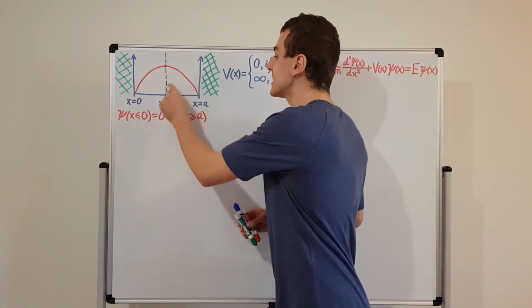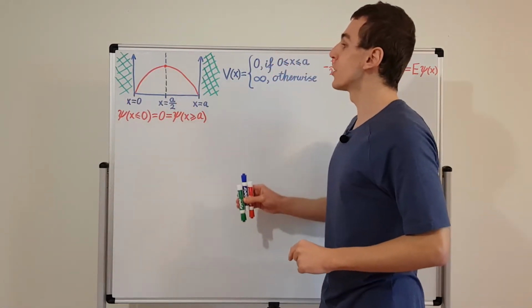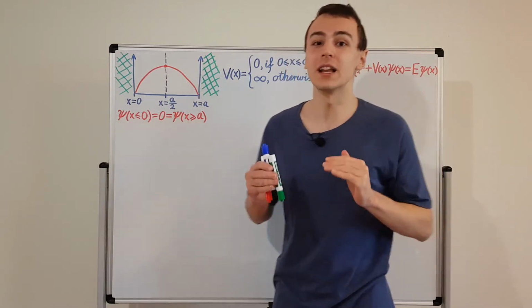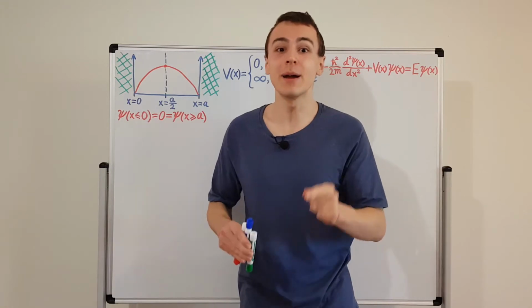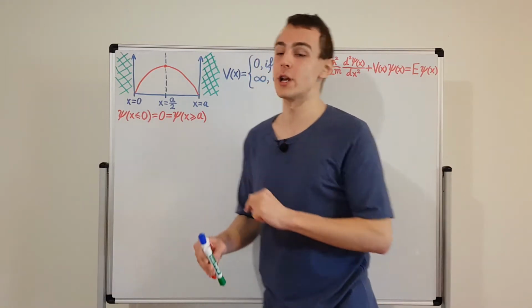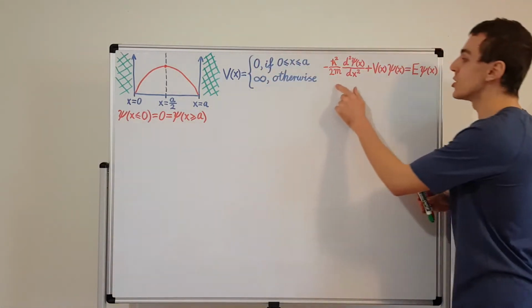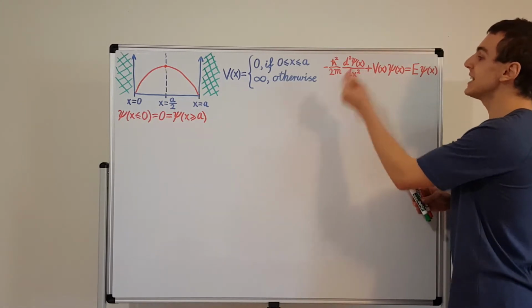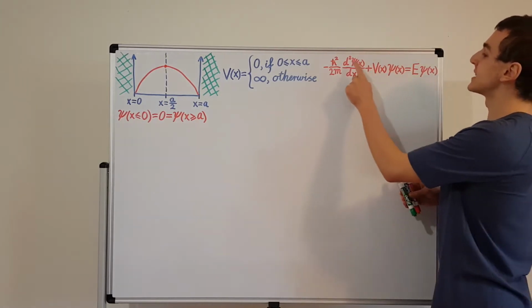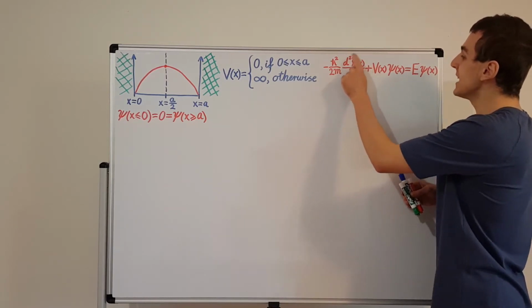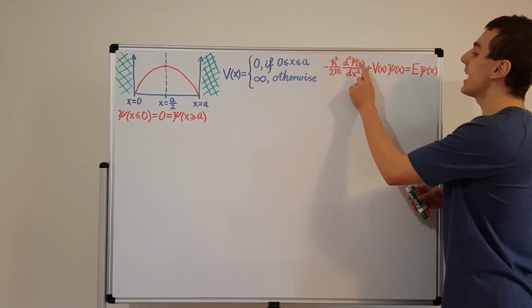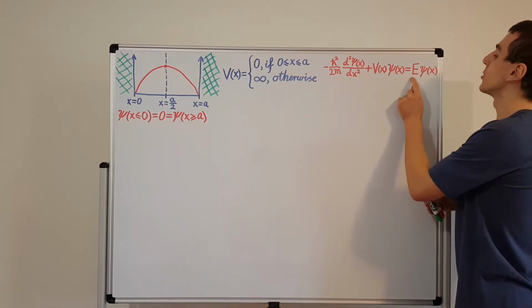And it turns out that this system is very convenient because we can write down all of the allowed eigenfunctions. So let's have a look at the time-independent Schrodinger equation. That is written in red over here. Psi of x is the wave function, and it is an eigenfunction that has a particular energy value associated with it.